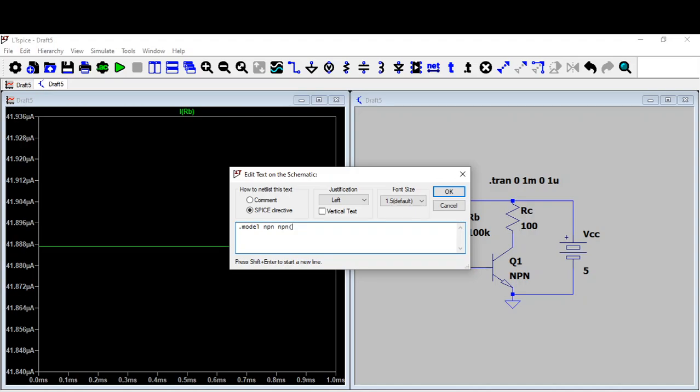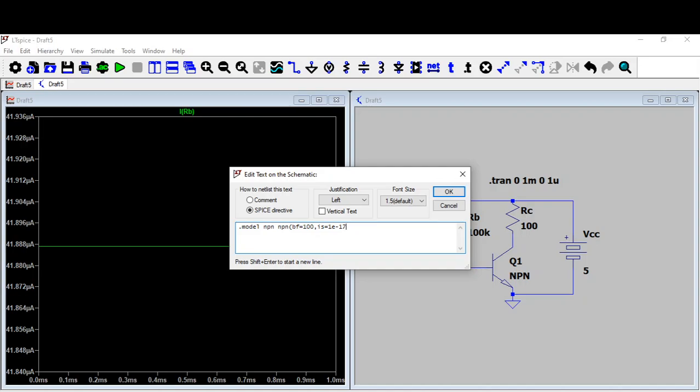Open the parenthesis, say beta BF, beta factor is 100, comma, you have to say IS is 1e power minus 17.